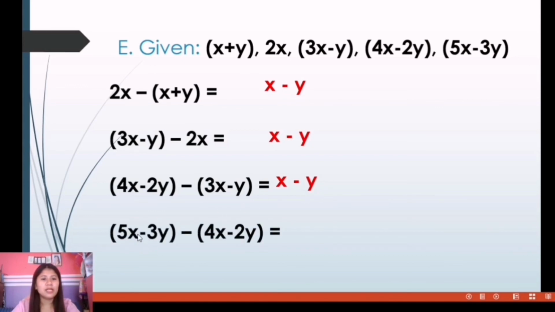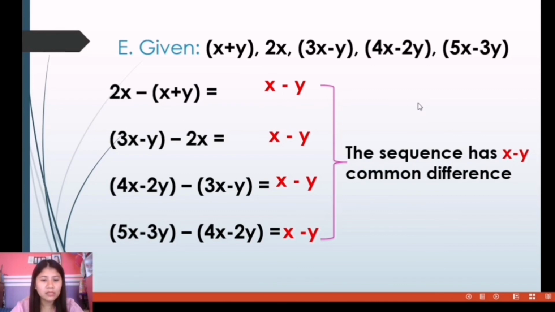Next, we have 5x minus 3y minus 4x minus 2y. Same process, 5x minus 4x, that is x only, then negative 3y minus negative 2y, that is negative y. So same answer, same common difference, right? x minus y. The example requires prior knowledge of operations involving algebraic expressions. So the sequence has a common difference of x minus y, right? Therefore, it is an arithmetic sequence also.